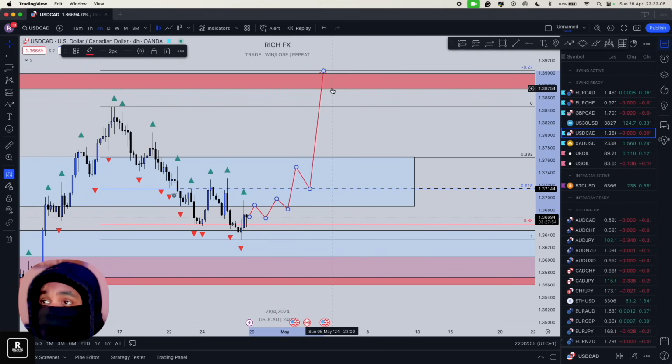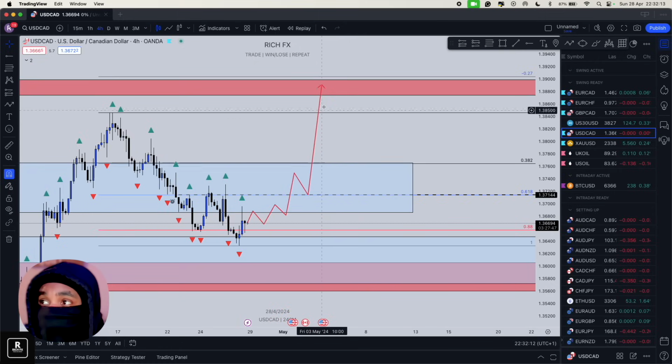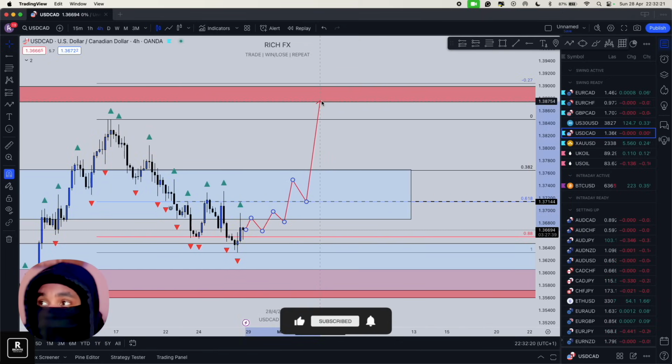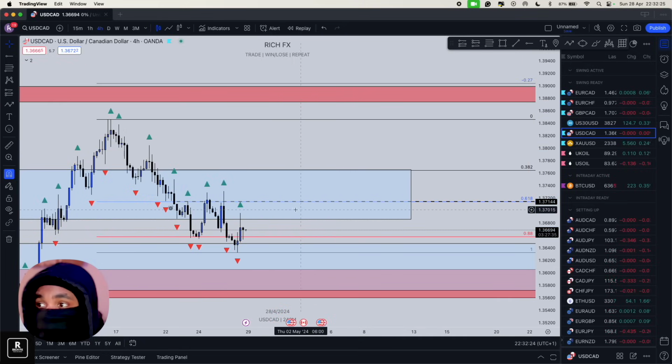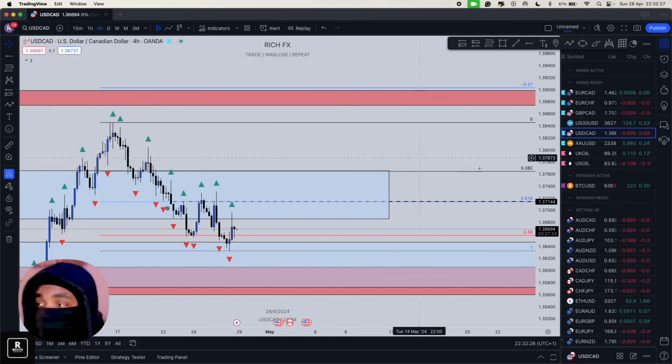Because this red zone here is our weekly resistance area, and the negative 27, our TP, is above it. More than likely, depending on what day price gets to this area, if it's on a Friday, for example, more than likely I would probably get out around the very bottom of that area, just because I don't hold over the weekends. So fingers crossed, USDCAD gives us our entry signal this week.